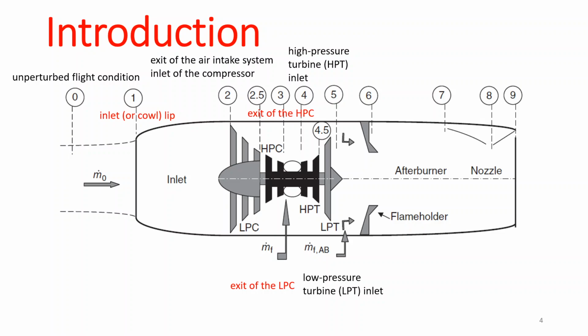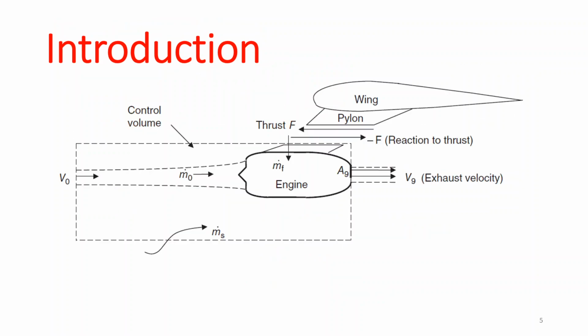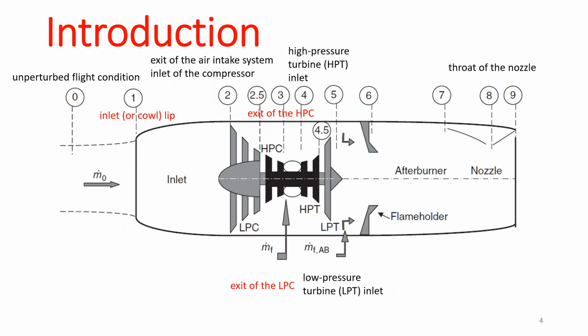Exactly. So essentially you want to provide more thrust by adding a little bit of fuel to the hot air that is coming in after the turbine, and you want to make your system more efficient. But we will talk about this later on. Then at stage 8, we have the throat of the nozzle, and stage 9 is going to be the exit of the jet, right? Again, ambient.